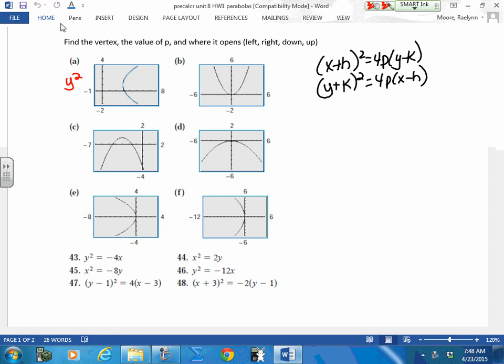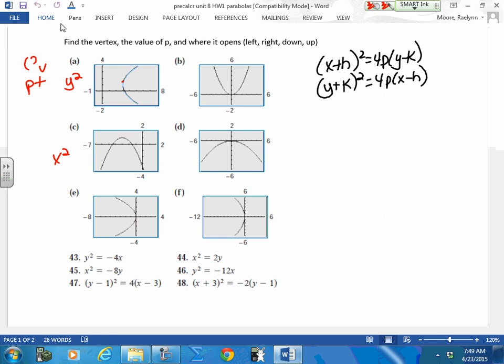Letter C, x squared or y squared? X squared. Okay, and let's identify if P is positive or negative. In the first one, is P positive or negative? Positive. What do you think that vertex looks like? Somewhere it's turning, like right about here. 2, 1, somewhere around there.